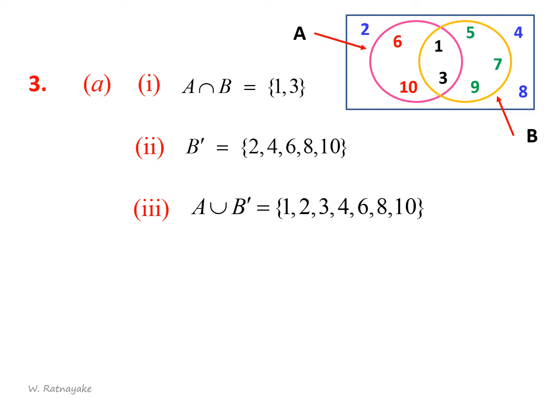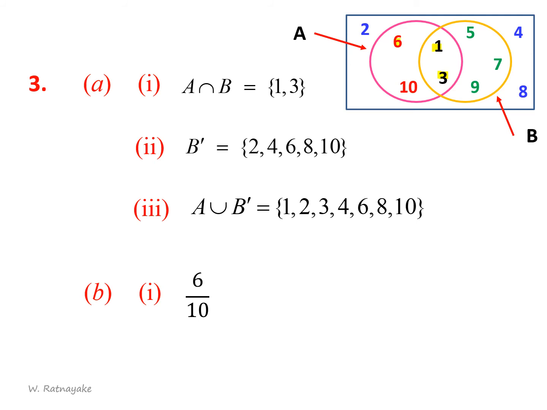So we will go to part B. Part B is about probability. The first part is, they have asked to find the probability of getting an element which is not in set A. The elements in set A are 1, 3, 6, 10.